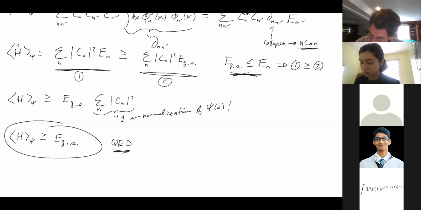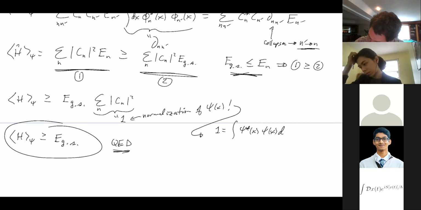In case you can't remember this last step, I'll just remind you. If you have a normalized function, that means the integral of psi star of x, psi of x dx is equal to 1. But if I plug in those expansions, I know that 1 is equal to the integral of C_n star, C_n prime, phi_n of x, phi_n prime of x dx.